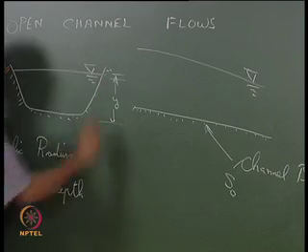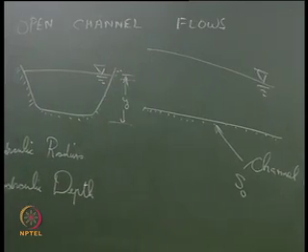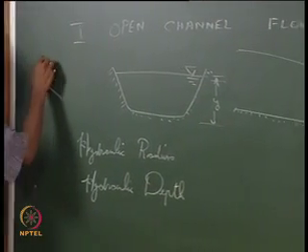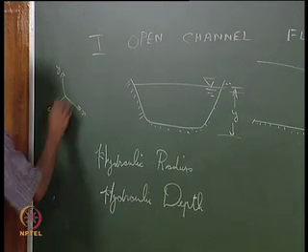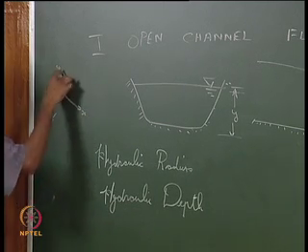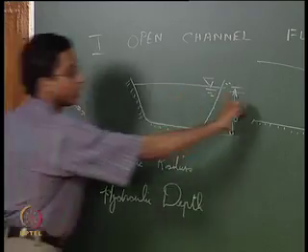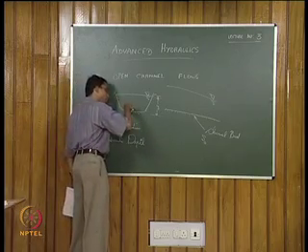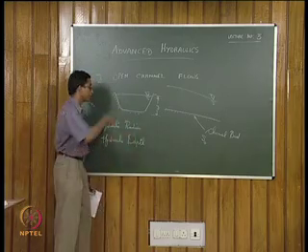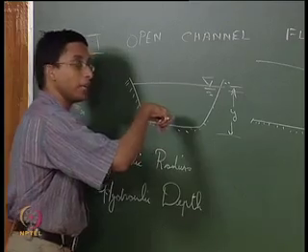Let us define it as y. We are following the coordinate system x, y, z. Y is taken in the vertical direction, z will be going into the plane of the board.